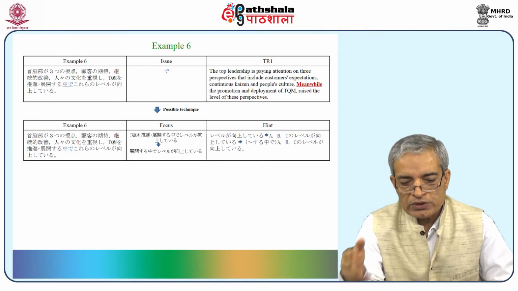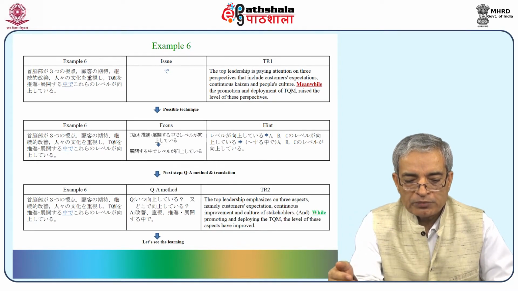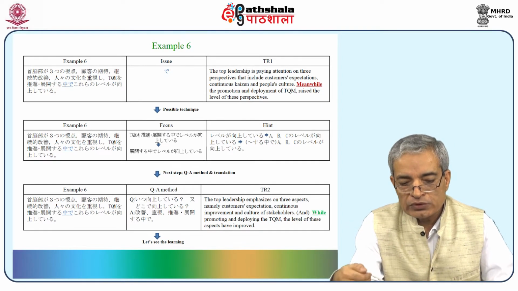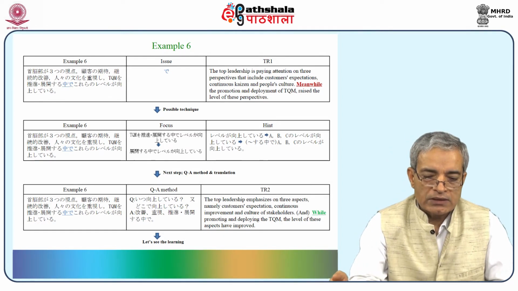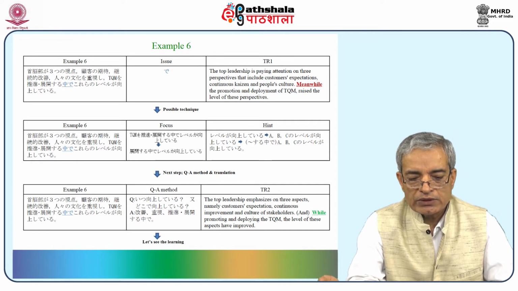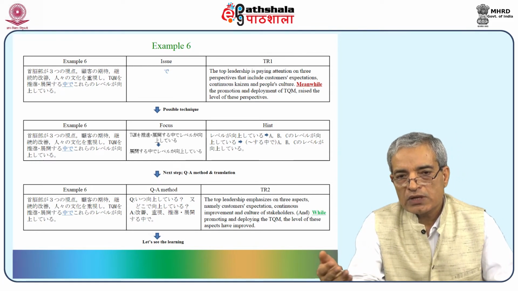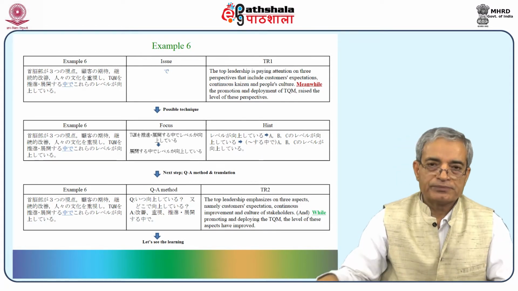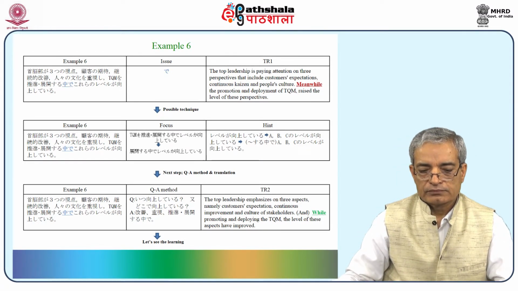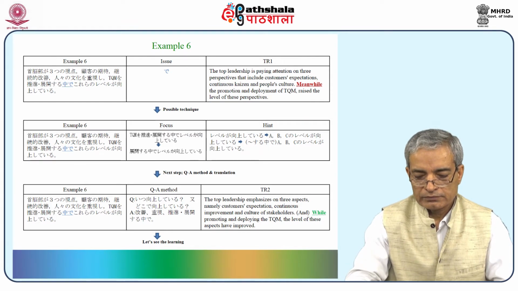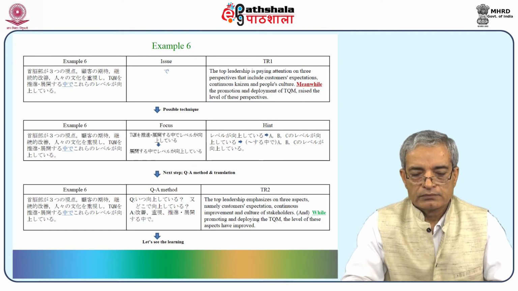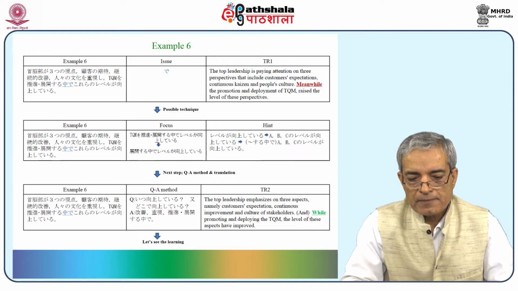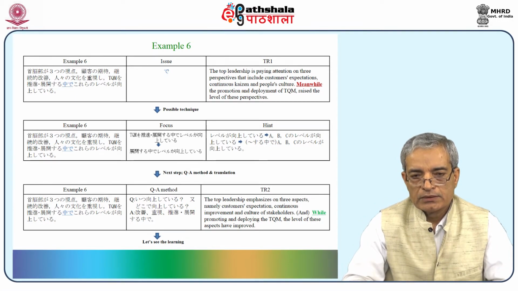So apply the question answer method here, and the question would be itsu kōjō shiteru ka, mata doko de kōjō shiteru ka, and the answer is kaizen jūshi suishin tenkai suru naka de kōjō shitemasu. And the translation would be: the top leadership emphasizes on three aspects, namely customers' expectation, continuous improvement, and culture of stakeholders.